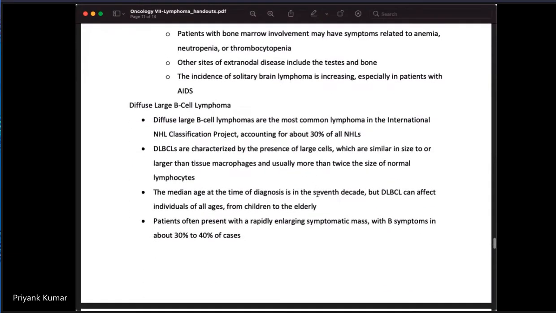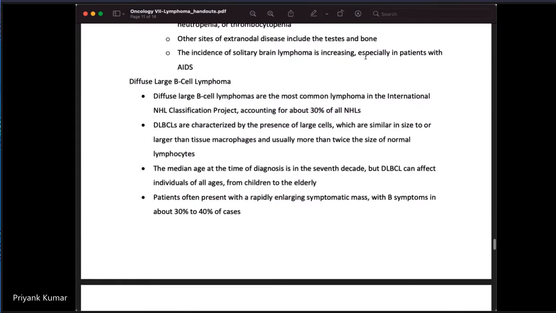Here, diffuse large B-cell lymphoma, these types of lymphomas are actually treated with a very unique therapy.